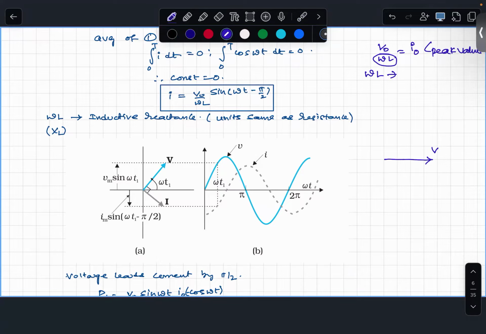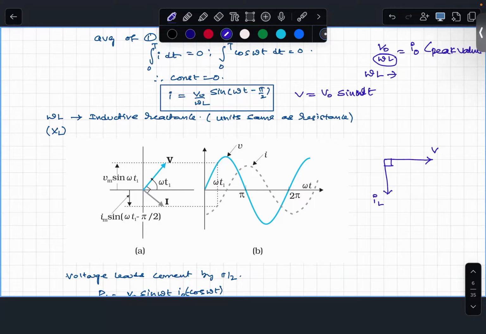You remember V is equal to V naught sin omega t. Okay, what about current? Lagging, undoubtedly. So this is how the current through the inductor will be. 90 degrees. At any point of time, the instantaneous voltage and the instantaneous current make an angle of 90 degrees.